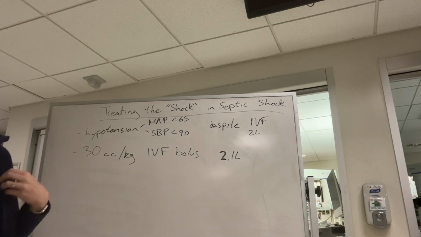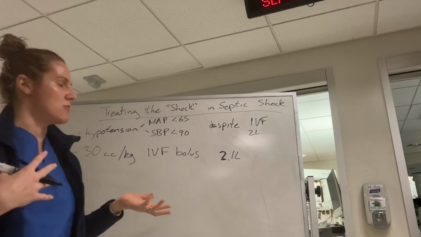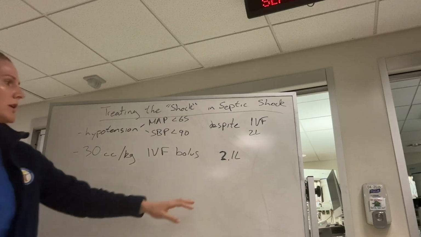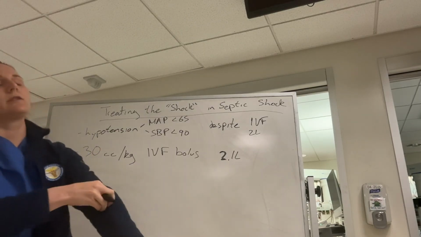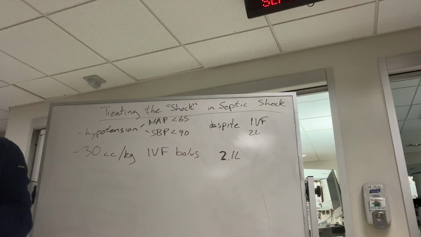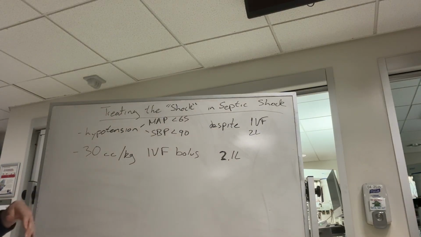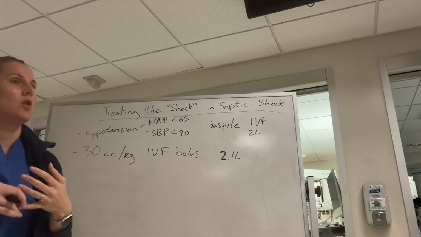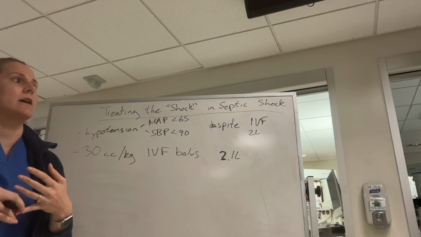Especially if they're coming in with a pneumonia or something, if they're already in respiratory distress, you might not be able to give them 2 liters safely, in which case you would have to start other medications sooner.